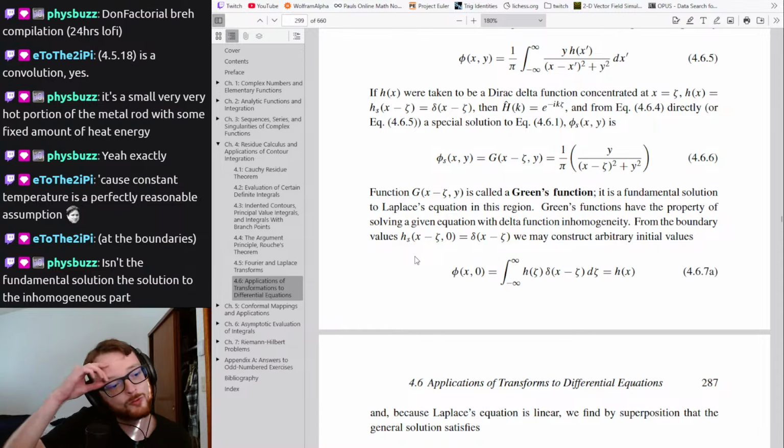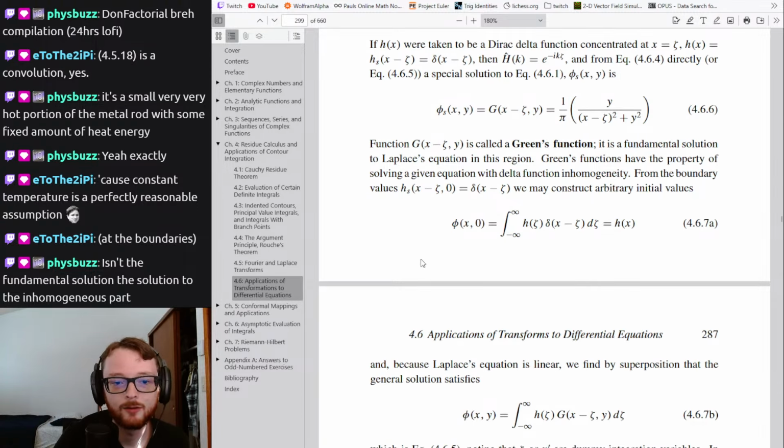Isn't the fundamental solution the solution to the inhomogeneous part? Oh, they might talk about that. Oh, they do. It's the next sentence. I don't know what inhomogeneous means for PDEs, actually. Is it the same thing?